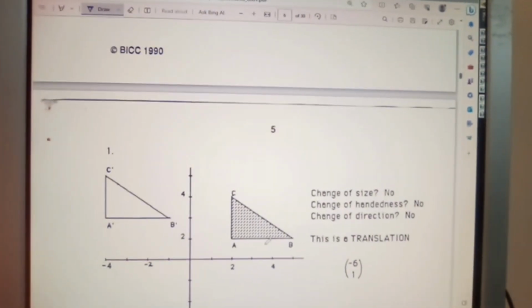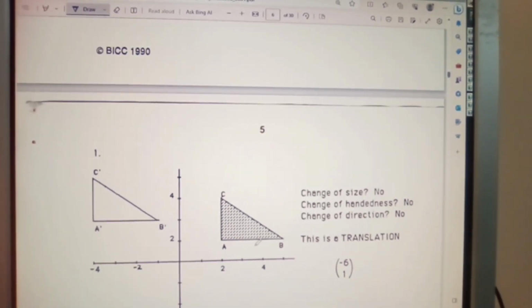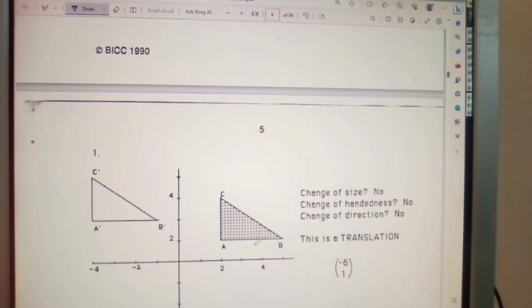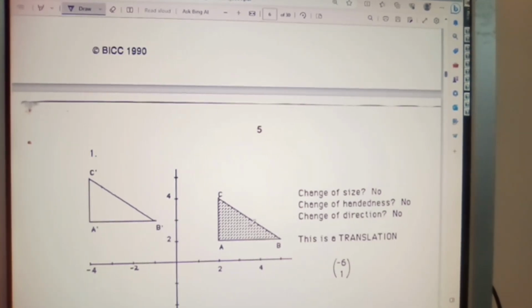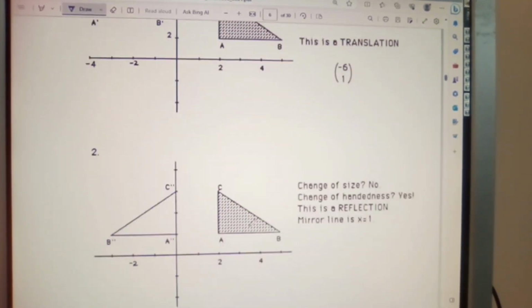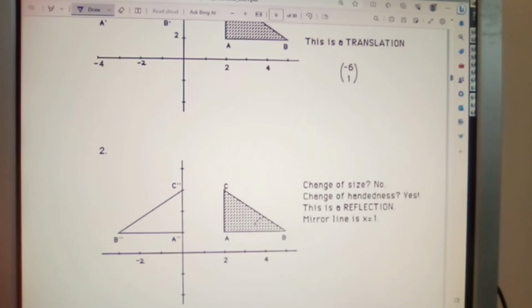Now, tell me what you're thinking and tell me what you are looking at in regards to this. Okay. Now I'm not going to say anything here to you.